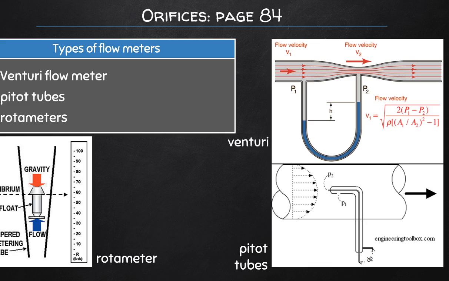Coriolis flow meters offer very good mass flow measurements, but they are really expensive, while differential flow meters correlate pressure drops instead with volumetric or velocity flow rates.